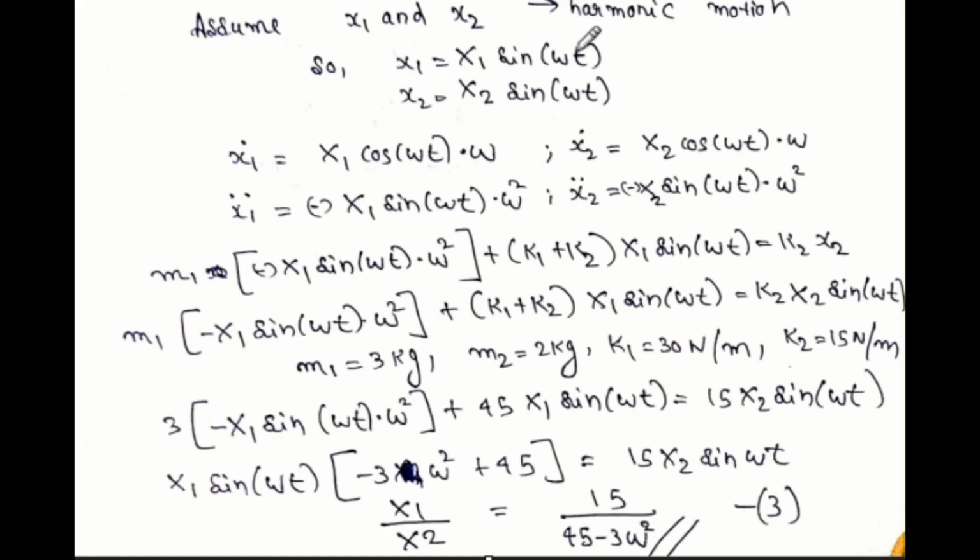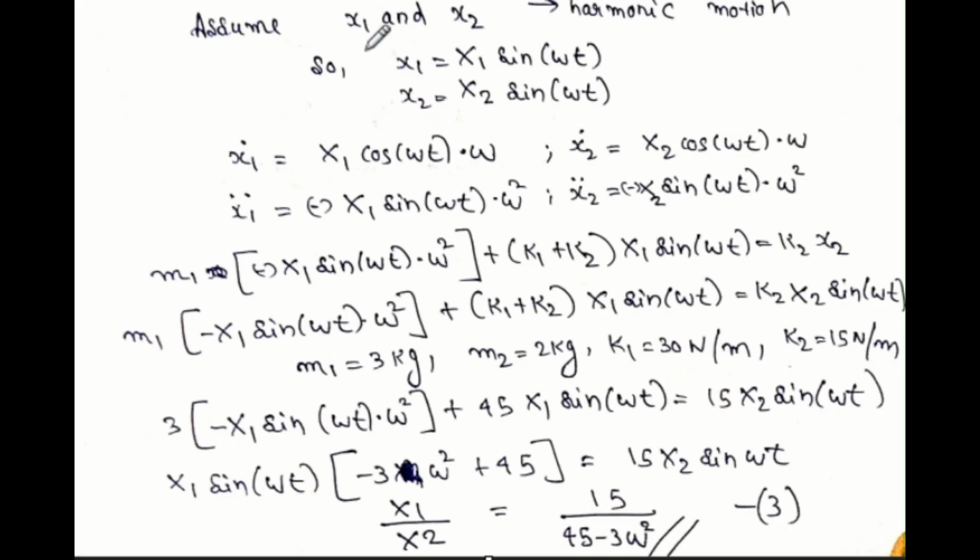And in sin omega t, the phase angle is the same for both motions. That is also one assumption: the phase angle of the displacement of both masses is also the same. So that's why the omega t part is the same for both equations.